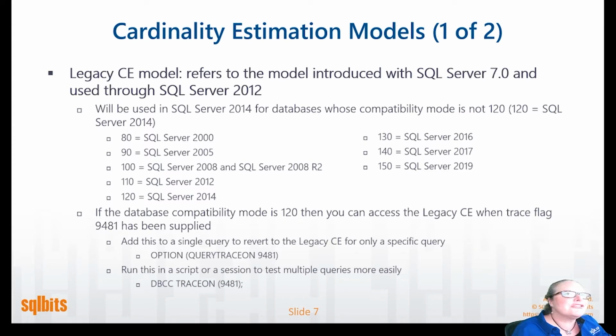There are different cardinality estimation models across the different versions of SQL Server. And like I said, the legacy CE refers to the model that was introduced in 7.0 and goes all the way up to 2012. But in 2014, they have a new CE. So this is how you can determine what your cardinality estimation model is up to 2014. But of course, in 2016, 2017, 2019, we also have the scoped configuration.